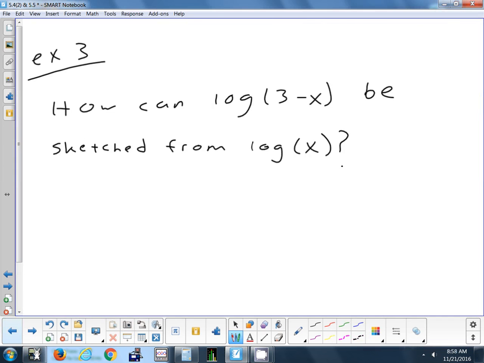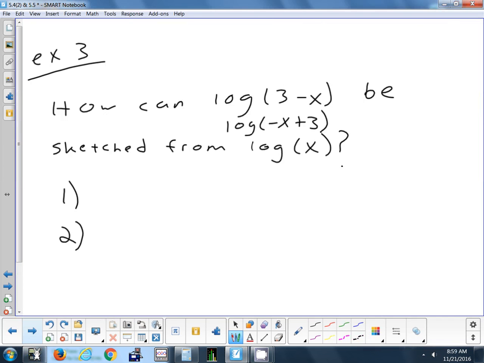All right, how about, yeah, we can take a look at this one. Log base 3 of minus x. I'm going to give you a hint. How many transformations are happening here? 2. What are the 2? Okay, horizontal shift, and we already talked about that negative.